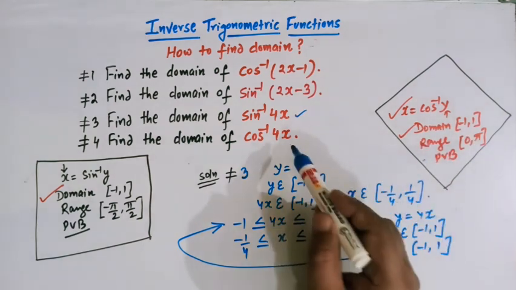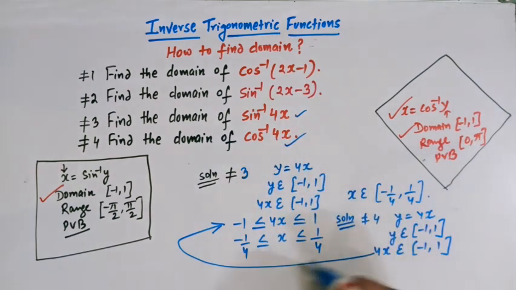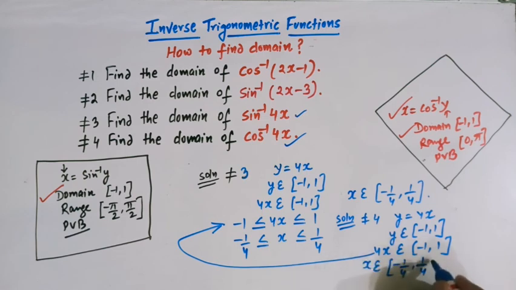So the domain of this function is again x belongs to minus 1 over 4 to 1 over 4, right?